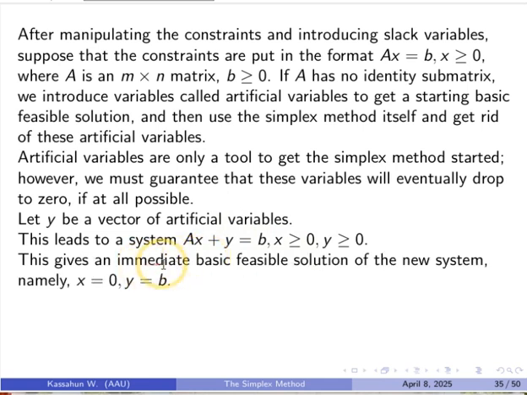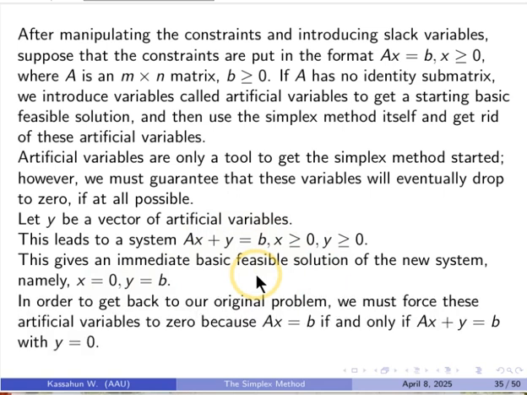Therefore, this gives us an immediate basic feasible solution of the new system, namely x equals 0 and y equals b, because y here, all of them are non-negative, so we get a basic feasible solution. In order to get back to the original problem, we must force these artificial variables to 0, because Ax equals b if and only if y is 0.